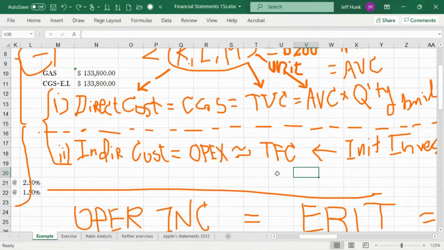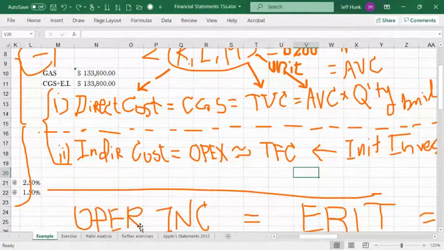So rent is one good example. Another example: if this is manufacturing, let's go back to the computer manufacturing example. Any manufacturing business will have two types of workers.